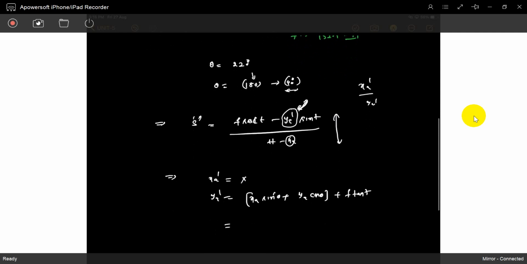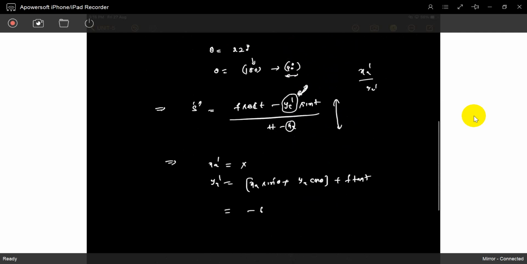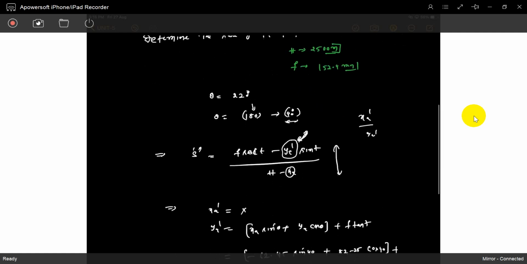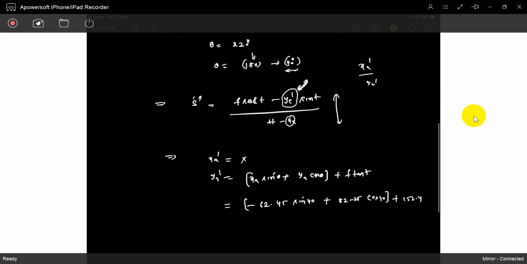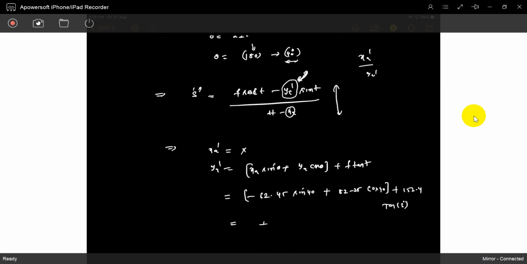Substituting, xa is minus 62.45 sin 40, ya is 82.25 cos 40, plus focal length 152.4 tan 3 degrees. We get plus 30.86 mm.